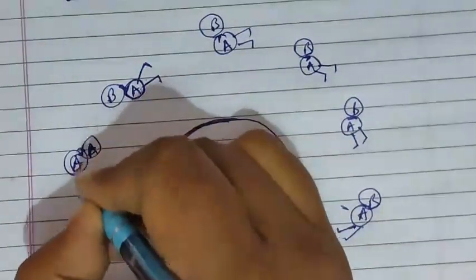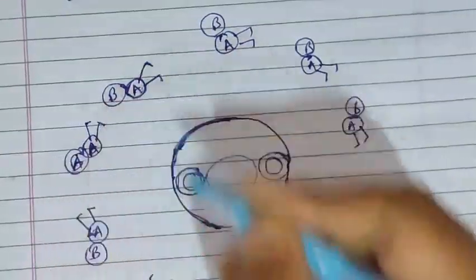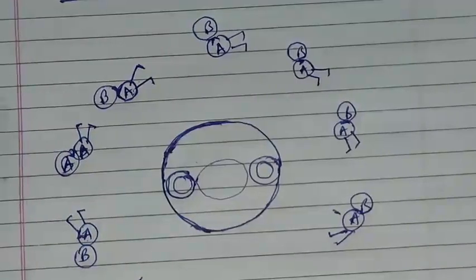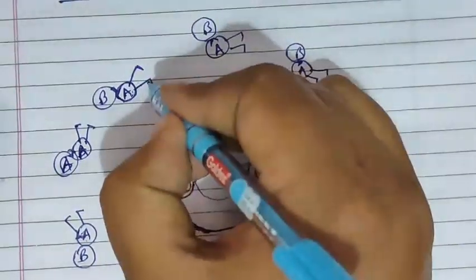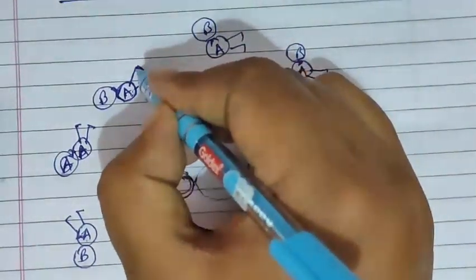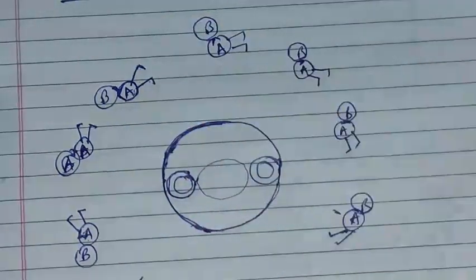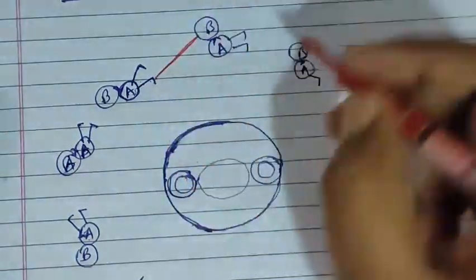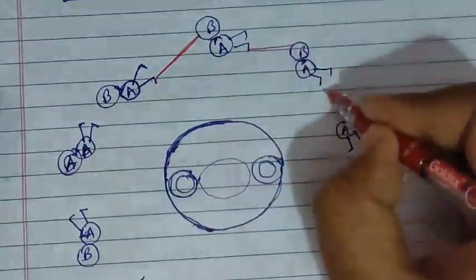This is A and this is B. So like this, the A microtubule gives 2 arms. The lower one is the A arm, and the upper one is the B arm. From the A arm, this will join to the B subfibril and form an AB linker.